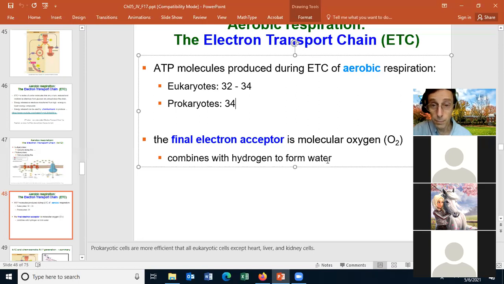Yes, we burn glucose in aerobic respiration, and each of the carbons in glucose is converted into CO2, or burned into CO2. So that's why we breathe out CO2, and then we breathe in oxygen so that we can convert that oxygen into water in the electron transport chain.